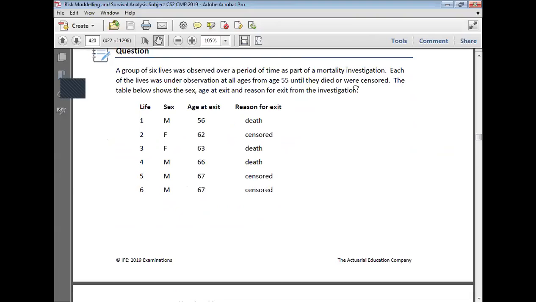So we observed lives from age 55 up until they either died, left the observation, or we lost the follow-up. We have the age of exit of each of these people and the reason for exit. Some of them died and some of them got censored. And we have the gender of each of these people.